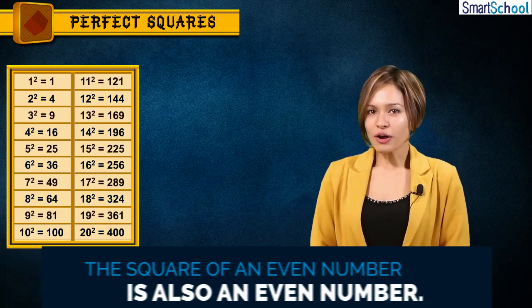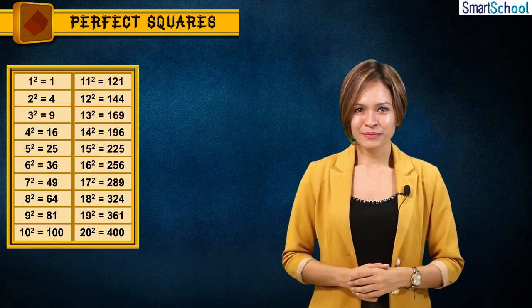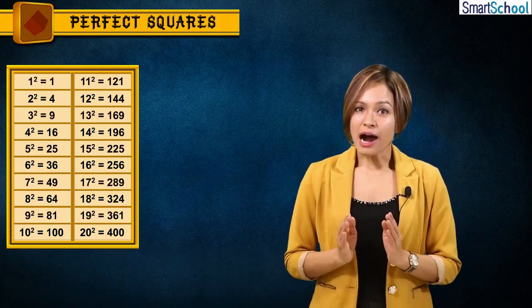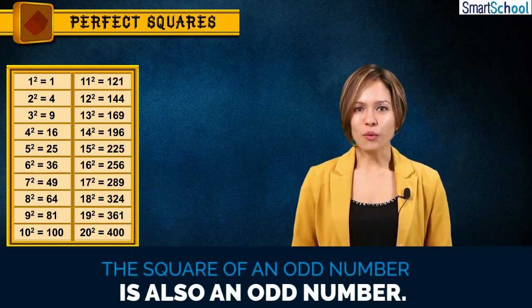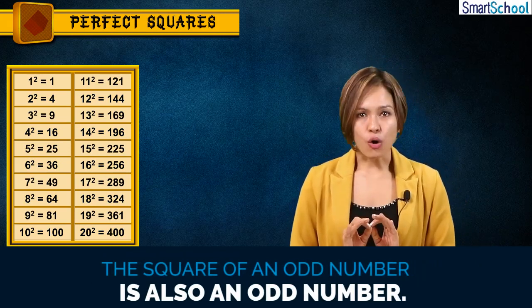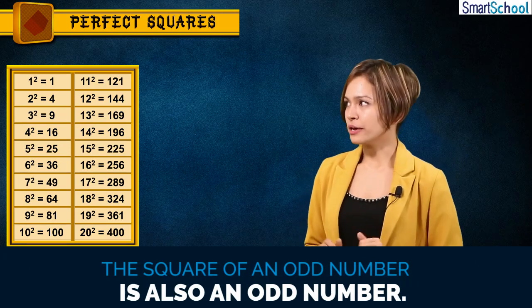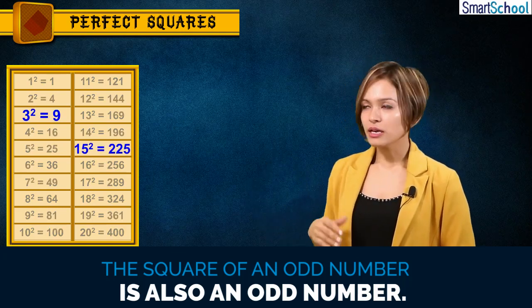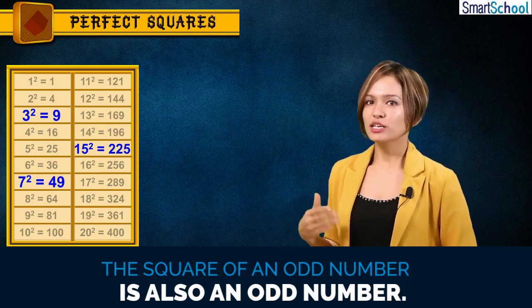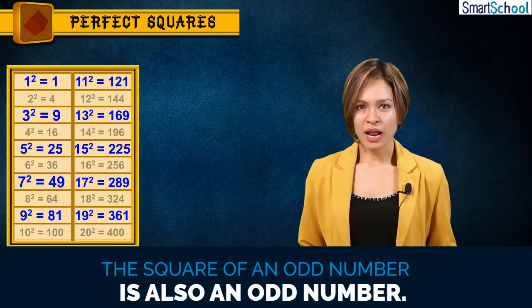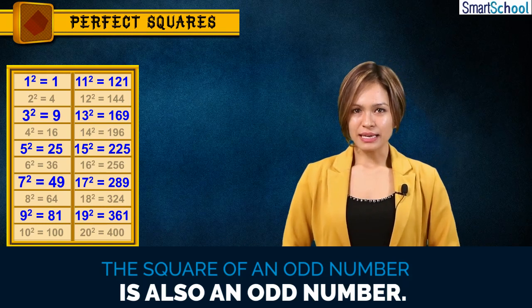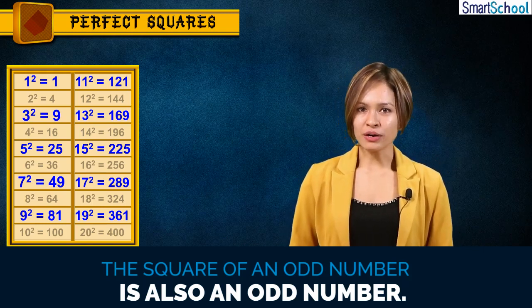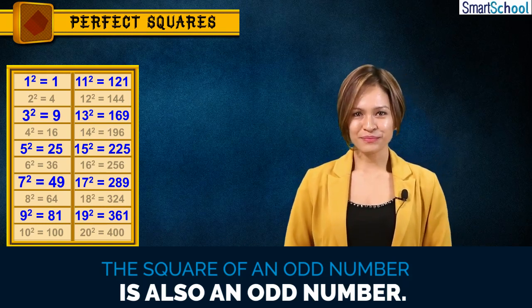So what about odd numbers? Yes, unlike even numbers, the square of an odd number is always an odd number. Look here. The square of 3 is 9, 15 is 225, 7 is 49, and so on. So we can see that the square of an odd number is always an odd number.